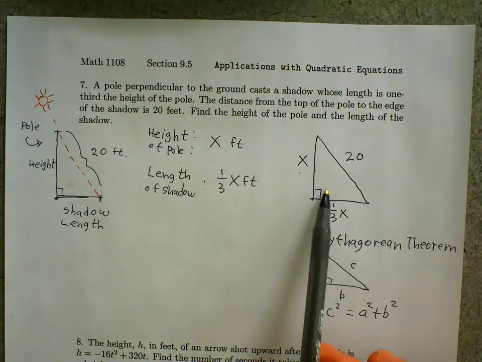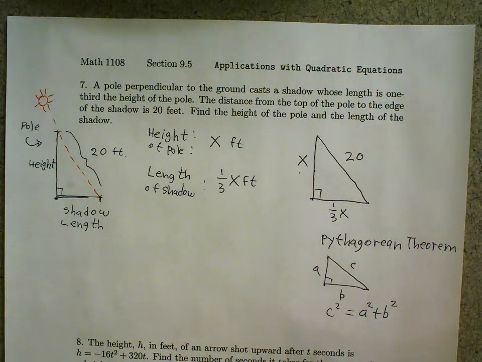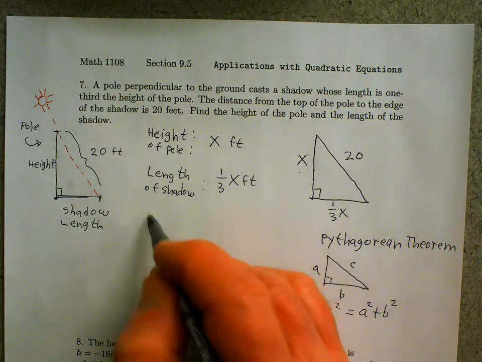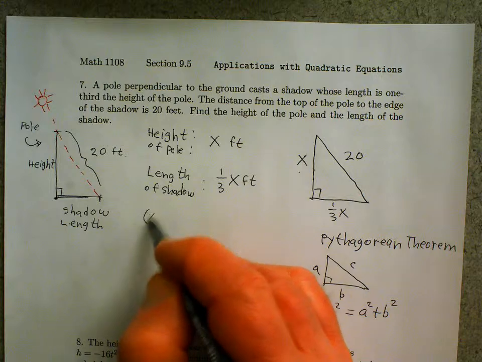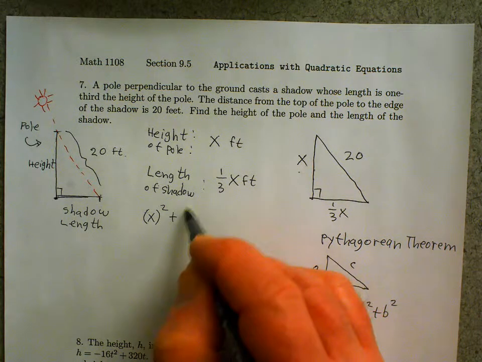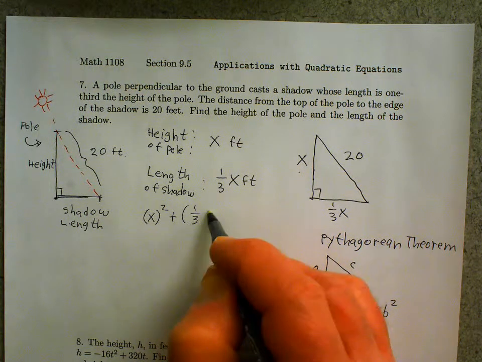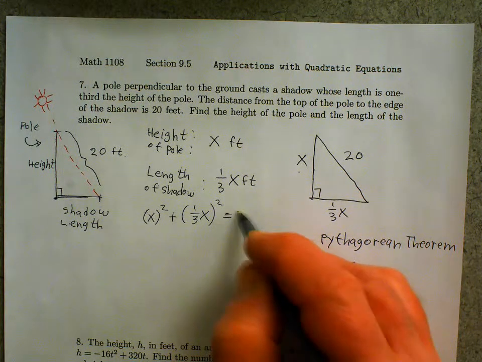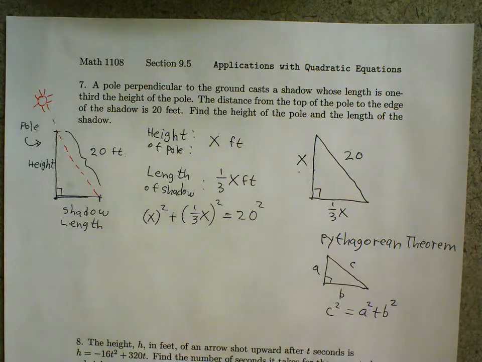Okay, so for this right triangle, make sure you're careful when you're squaring. We have to square x. Then we have to square the term 1/3 x, and then that's equal to 20 squared.